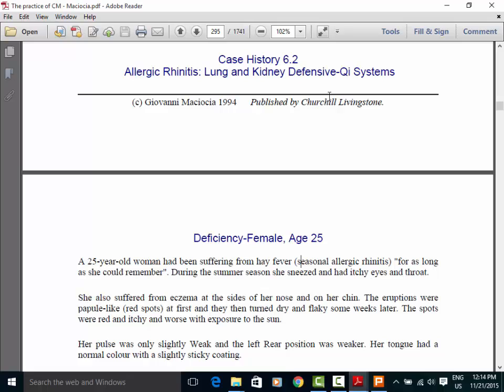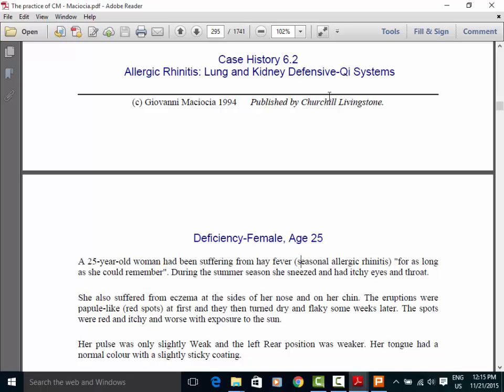Kidney was actually like a wind cold affecting the lung. Wind cold affecting lung. With yin deficiency. Okay. You haven't gone yet. What's your diagnosis? I'm trying to think because it's confusing to me. Kidney lung deficiency. Something itching in the eyes.